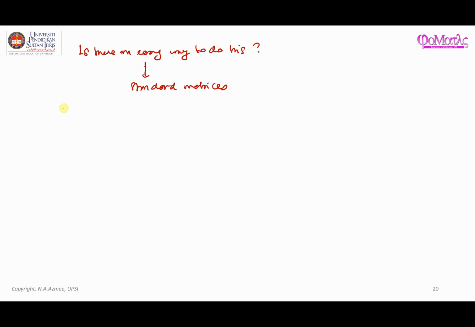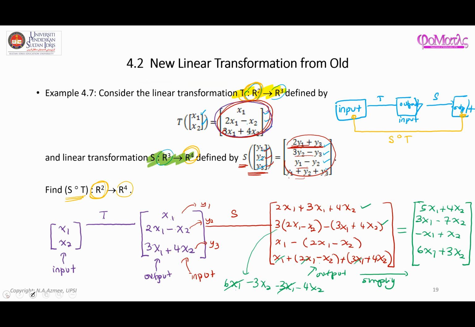So for example, if you want to find the composition of these two transformations here, this is equal to finding the standard matrix for S and the standard matrix for T. Okay, so now let us look at the rule given by S. This one here. So now I'm going to talk about the standard matrix. For that purpose, I'm just going to erase this whole thing.